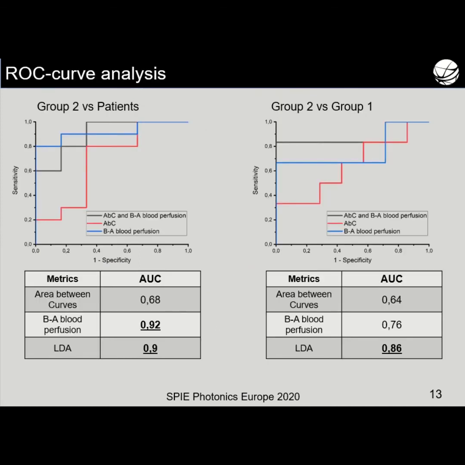On this slide, ROC curves and area under curve parameter evaluation are shown. Here we compare ROC curves of individual parameters with the linear discrimination function of parameters, both in two samples, as described on the previous slide. The area under curve parameter for LDA between groups of volunteers was more than the area under curve for individual parameters.